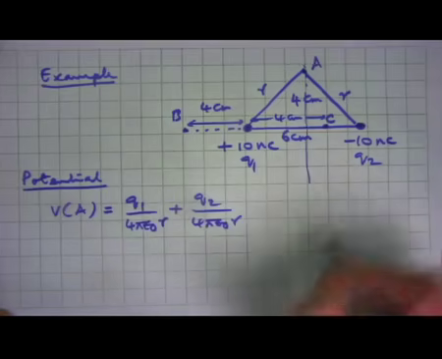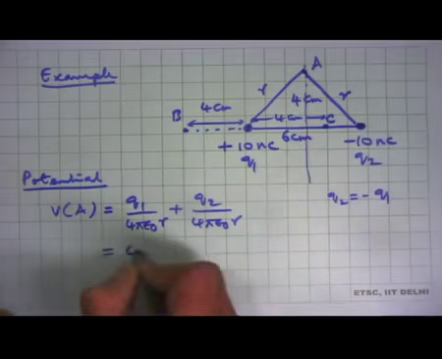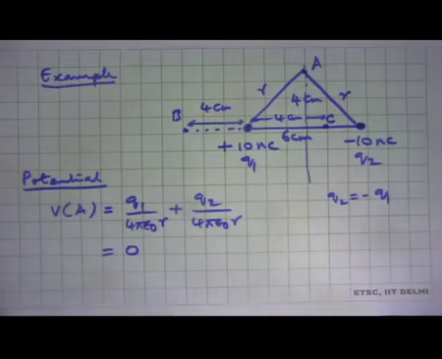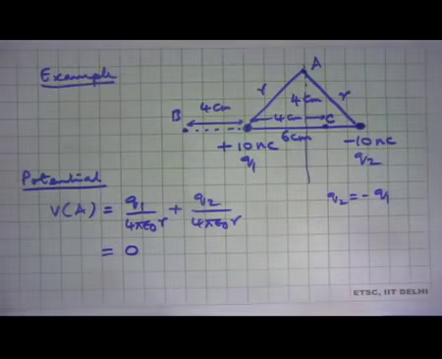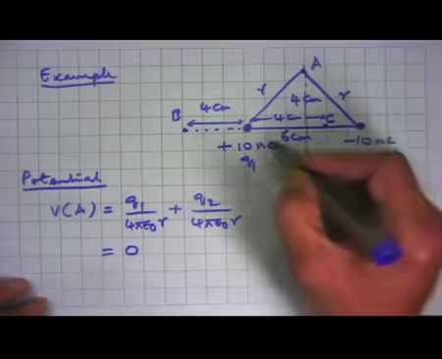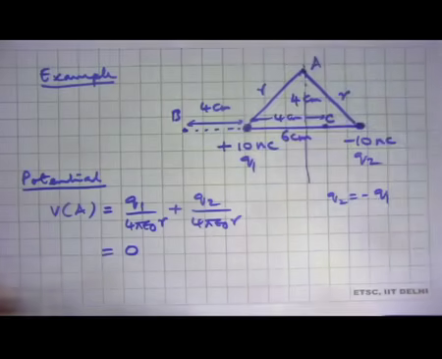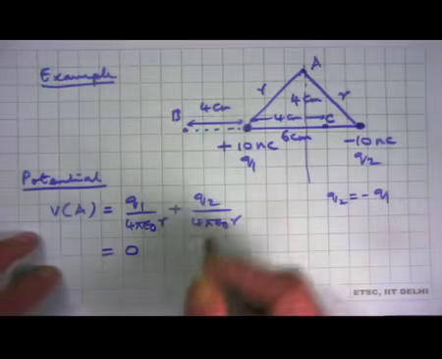The distances are equal and q2 is equal to minus q1. So, this is equal to 0. So, the potential at this point is 0, because that is in the equatorial plane. This produces a positive potential here, that produces a negative potential here, and so the total potential at this point A is 0.